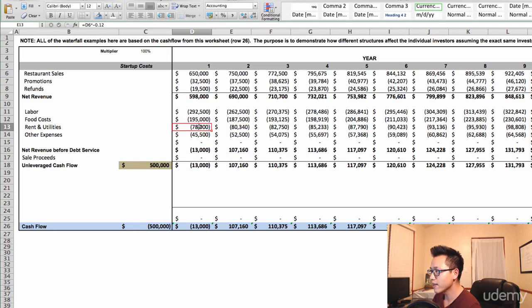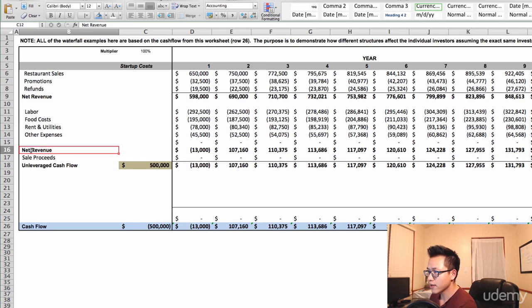So for the rent and utilities, we're going to assume that it's just going to grow 3% a year afterwards. Okay, and then there's other expenses. So other expenses to capture everything else. You may have marketing expenses. You may have uniforms, trainings, and insurance, other things. Okay, so this one I'm going to assume 7% of the sales each year will go towards all other expenses.